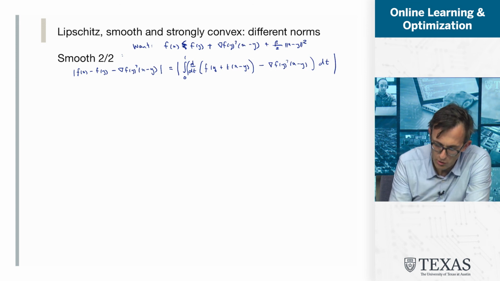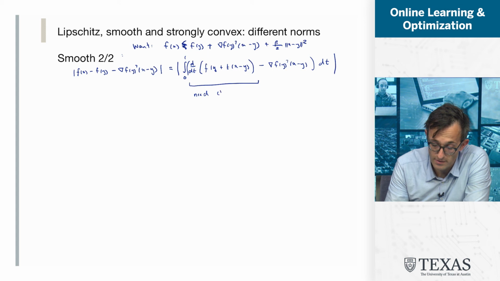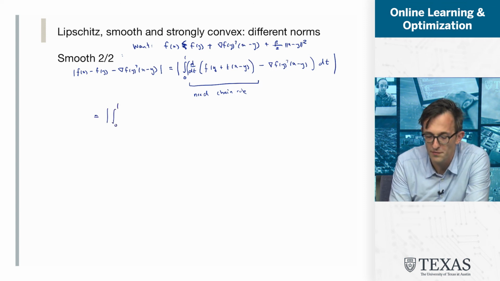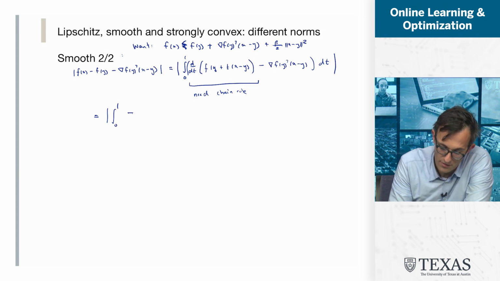So let's actually compute this derivative. To compute this derivative, I need to use my chain rule. It's pretty simple what's going to happen. So this is equal to the integral from 0 to 1. What's the derivative of f of y plus t of x minus y? It's just the gradient of f of y plus t times x minus y.